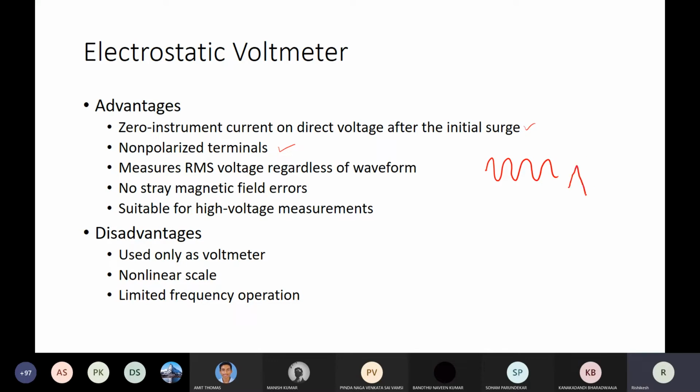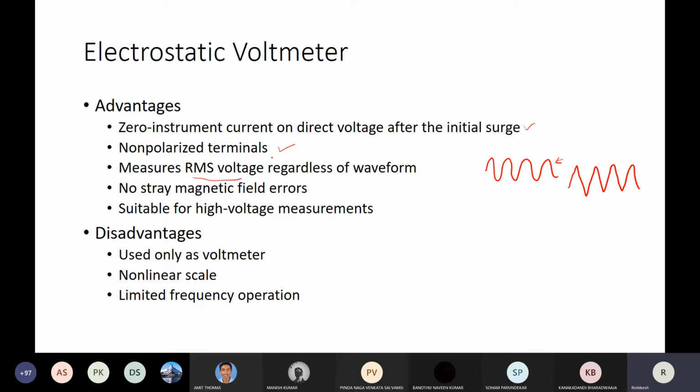Sometimes the AC might be like this also. When there are harmonics present in the voltage we are trying to measure, then one cannot consider it to be pure sinusoid. It consists of multiples of sinusoids, consisting of harmonics. Even in that case, this type of voltmeter is going to give us the RMS voltage.